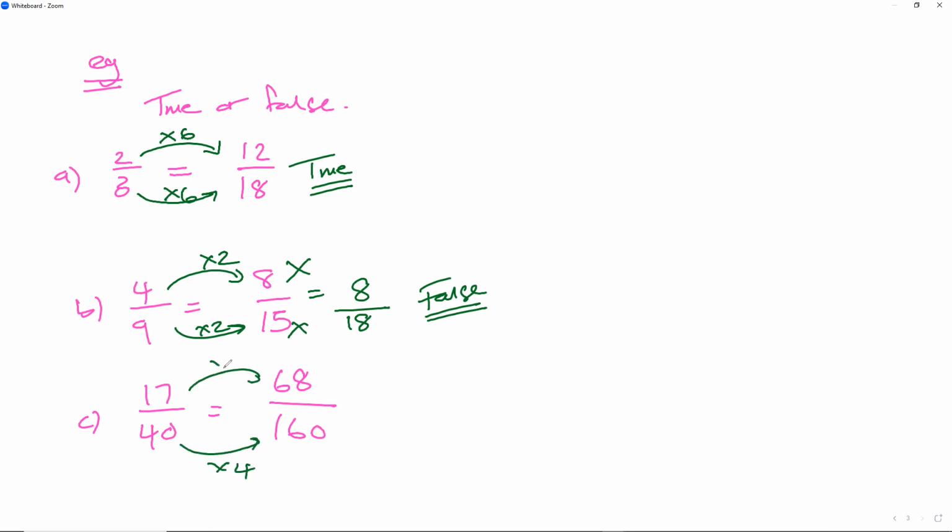This one I multiply by 4, and I multiply this by 4. 17 times 4. 17 times 2 is 34. 34 times 2 is 68. And 40 times 4 is 160. So that looks good. That looks good too. Let's see if you can check if the next few are equivalent as well.